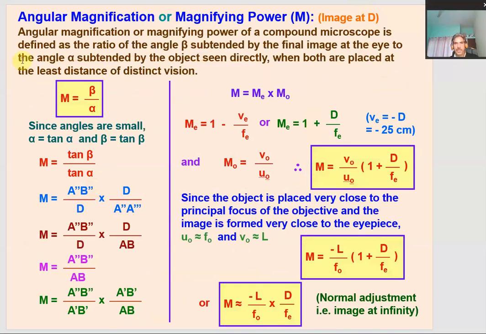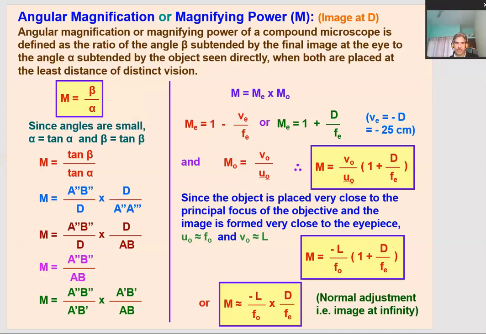Now we can talk again about the angular magnification or magnifying power of a compound microscope in both situations. Both situations of what kind? When the final image is formed at the least distance of distinct vision of the eye, or in the second case, when the final image is formed at infinity, just as we have discussed in our previous article.